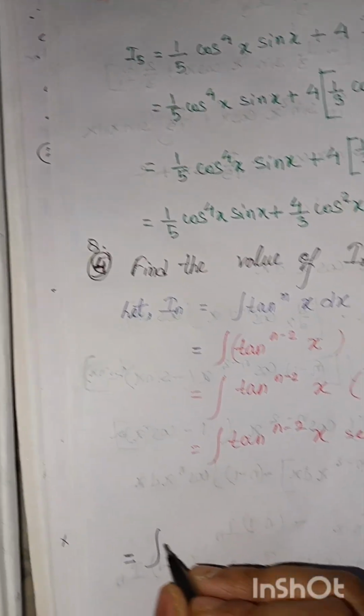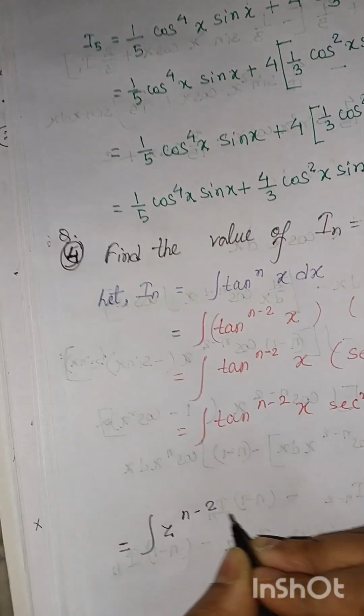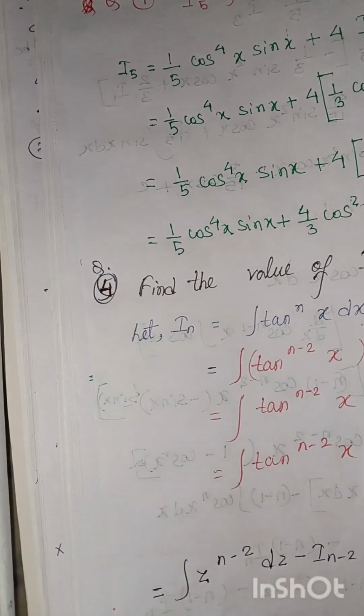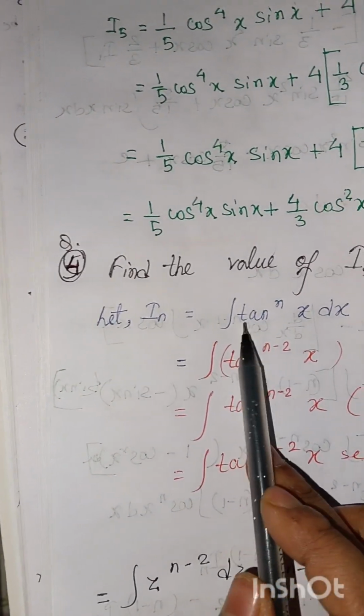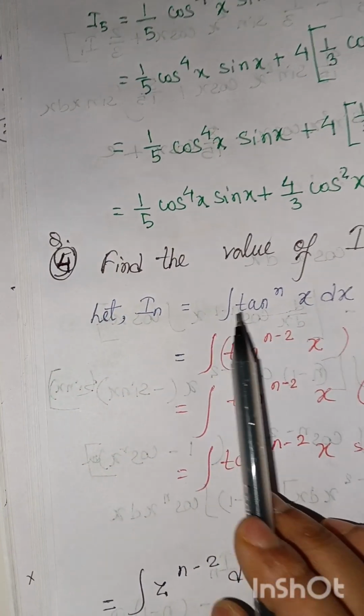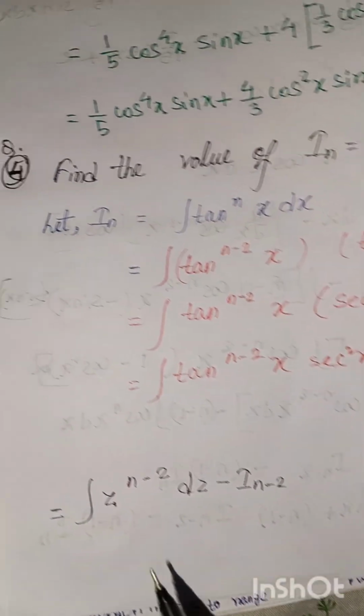Tan to the power n minus 2, that is z to the power n minus 2 dz, minus, because I n is equal to the integration of tan to the power n x, so I n minus 2 is equal to the integration of tan to the power n minus 2 x, that is what I put.